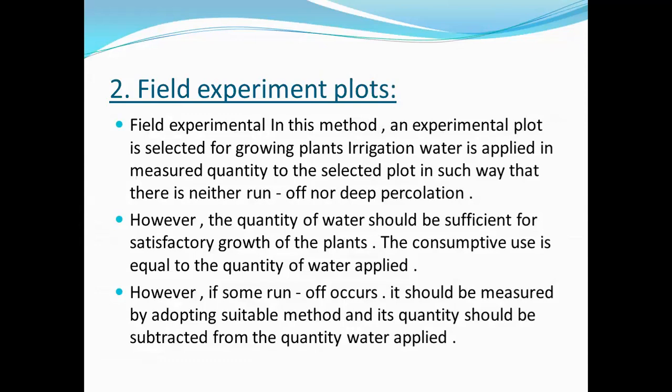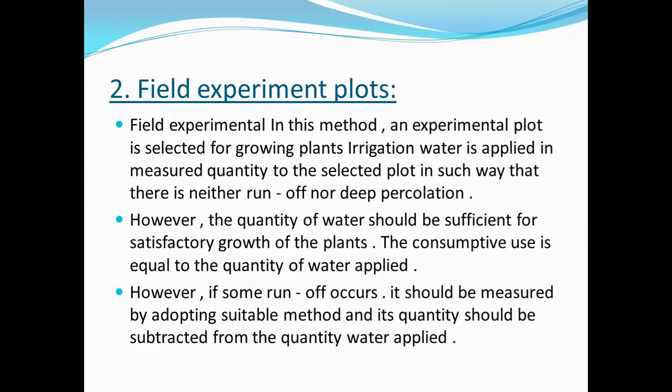Next one is field experiment plots. In this method, an experimental plot is selected for growing plants. Irrigation water is applied in measured quantity to the selected plot in such a way that there is neither runoff nor deep percolation. Right?